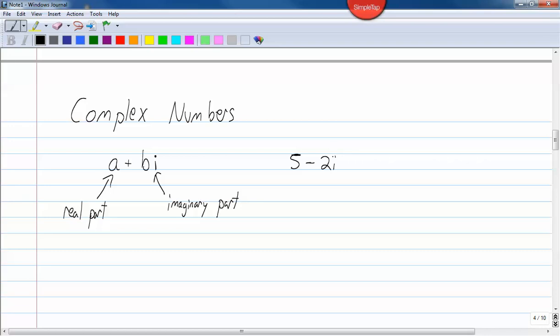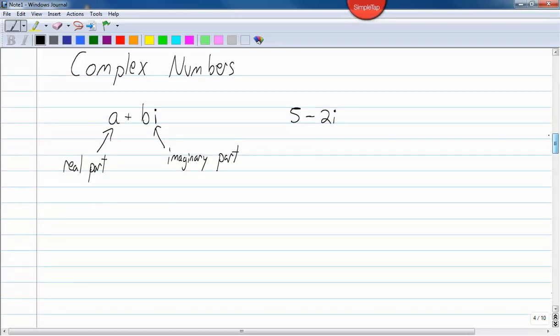The second part here, the imaginary part, we use the variable i for imaginary. And the variable i is actually equal to the square root of -1.